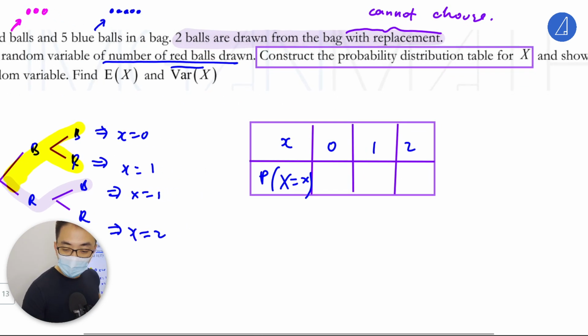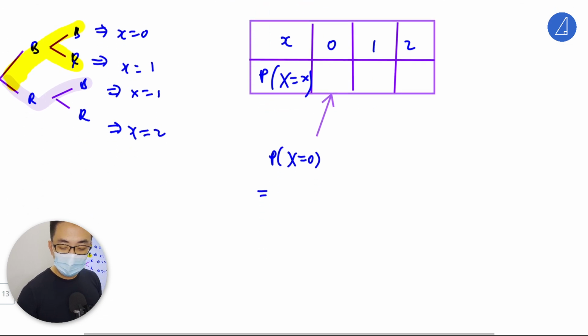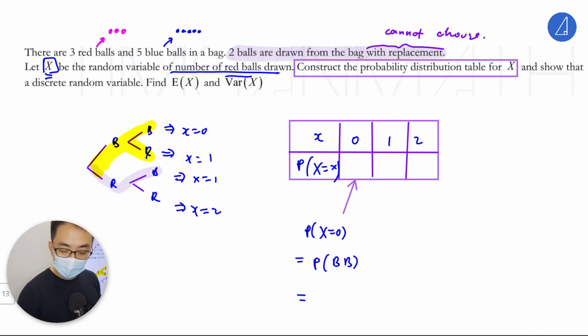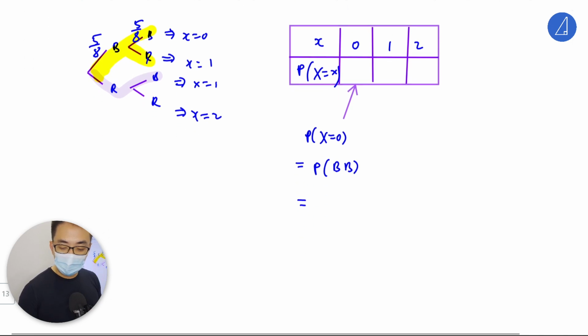You count P(X equals 0), very important. This is just P(blue and blue). Blue and blue is just 5/8 times 5/8. With replacement, you put it back in.